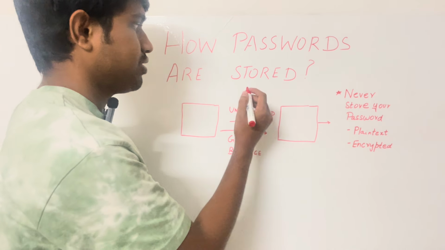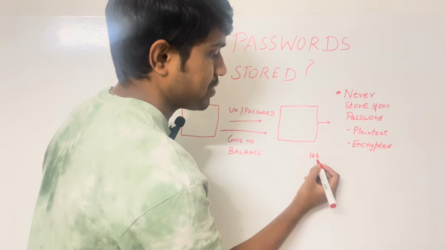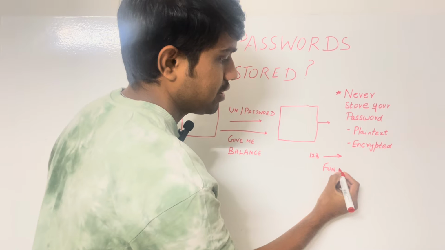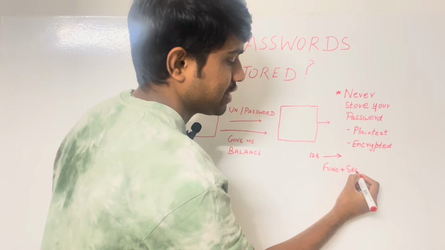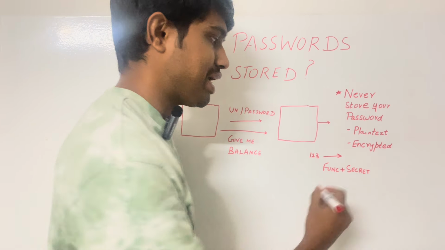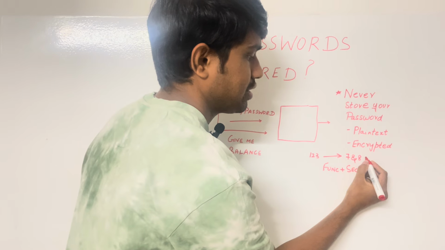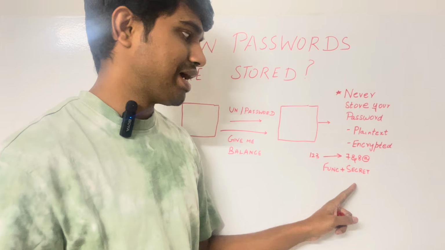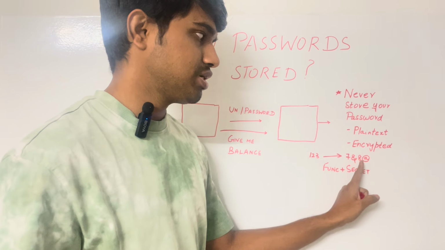Encryption is like this: if you have 123 as a password, it goes into a function, or encryption algorithm, plus it has a secret, and then it gives you a random number like 78. Only with this secret and the reverse function will you be able to get this from this.